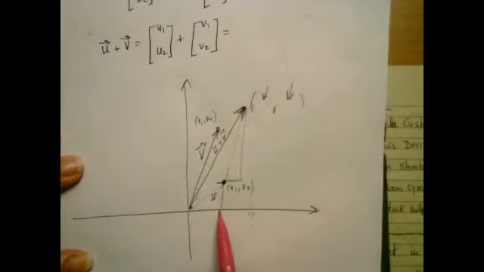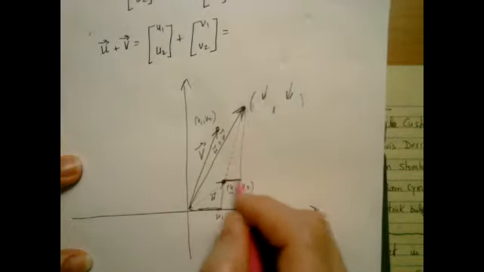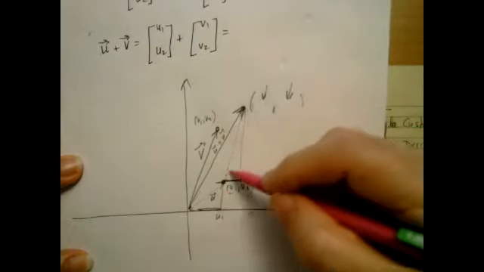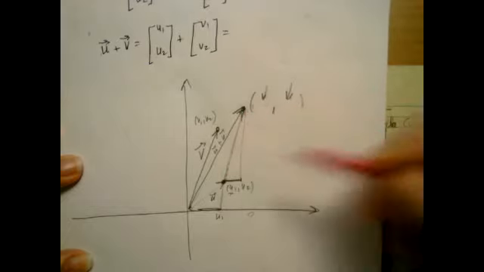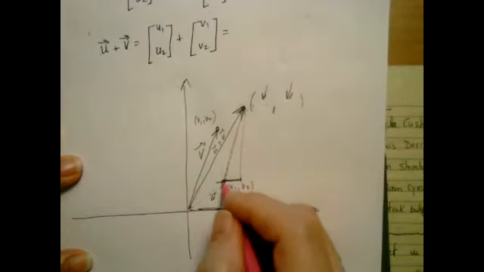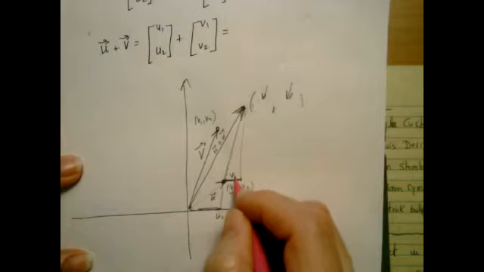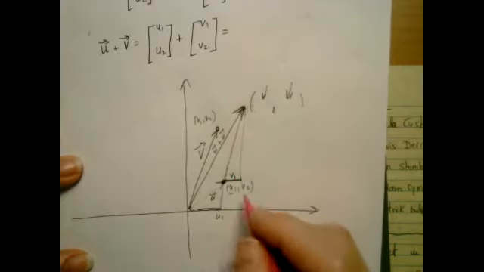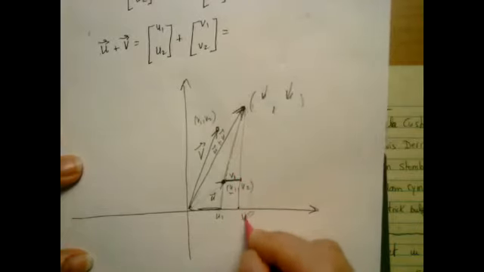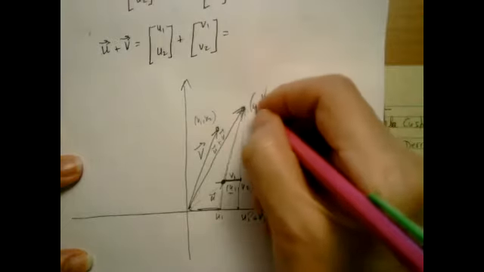From here to here, that's u1, because that's the coordinate of the component of the vector u. How much do we have from here to here? Remember, this vector here is parallel to v. So from here to here, I actually have v1. So this point down here is u1 plus v1, which is the coordinate of this point.